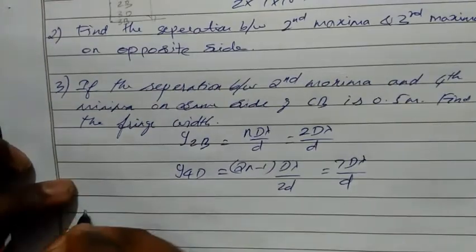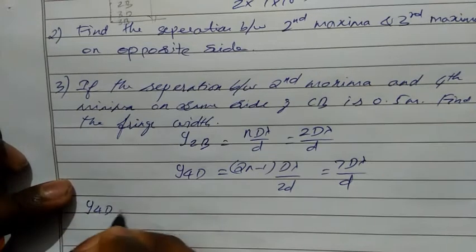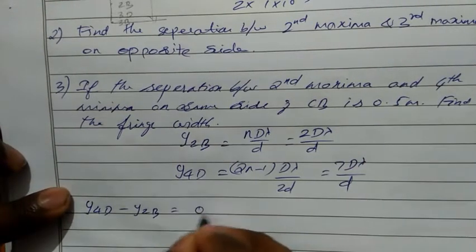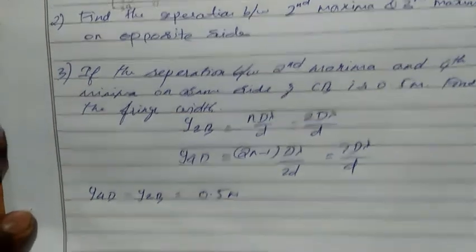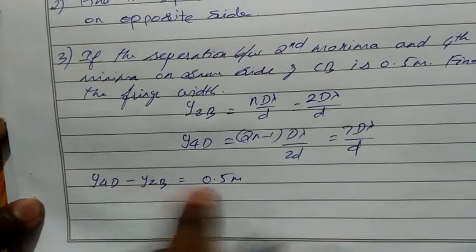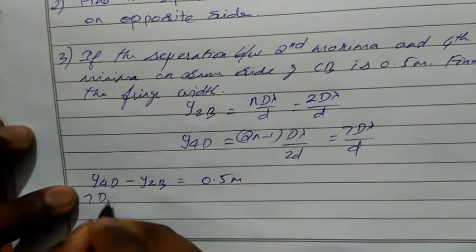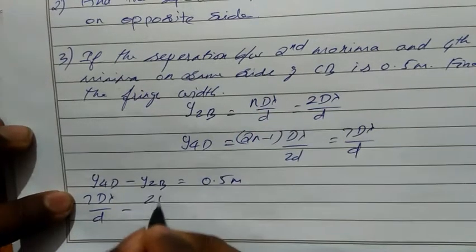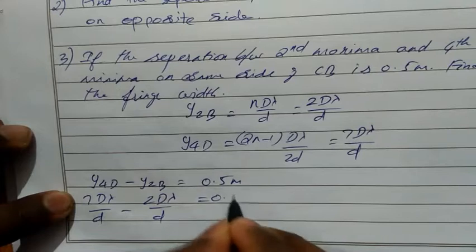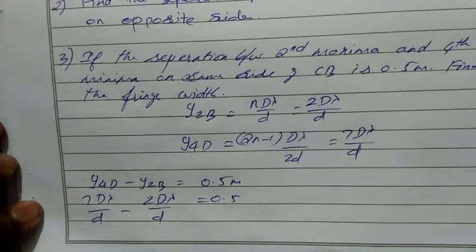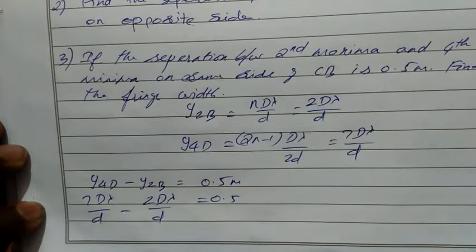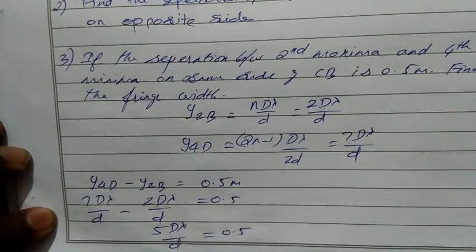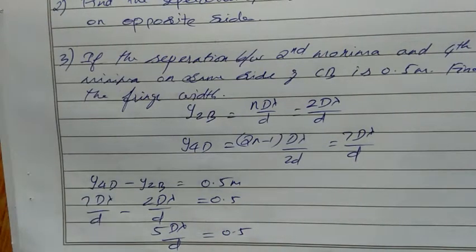The difference is given, that is, the separation between fourth dark minus second bright is 0.5 meter. So let's substitute fourth dark and second bright in this equation. Fourth dark is 7 d lambda divided by 2d, minus second bright, 2 d lambda divided by d, is given as 0.5.